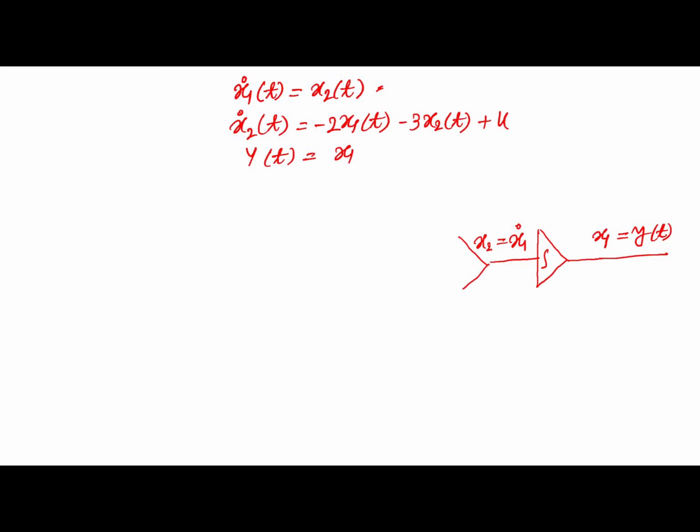Now we will get x2 from solving the second state equation. So there is another integrator and input to the integrator is x2 dot. Now x2 dot is a combination of feedback of x1 and x2 and u. So there is a summer.